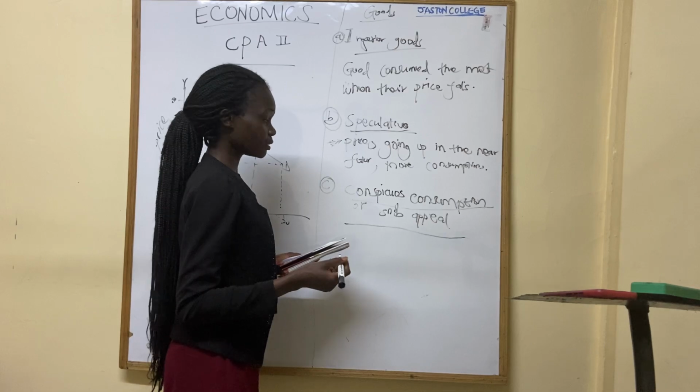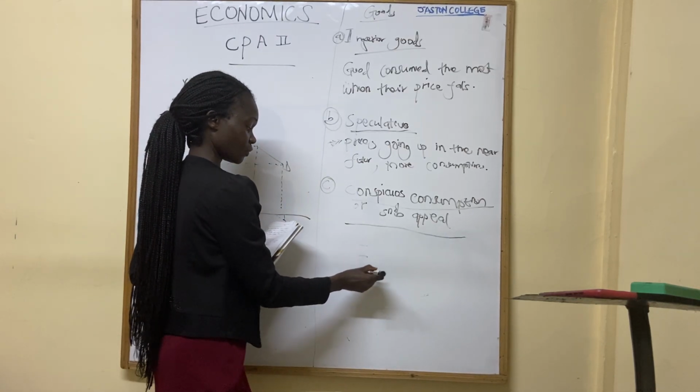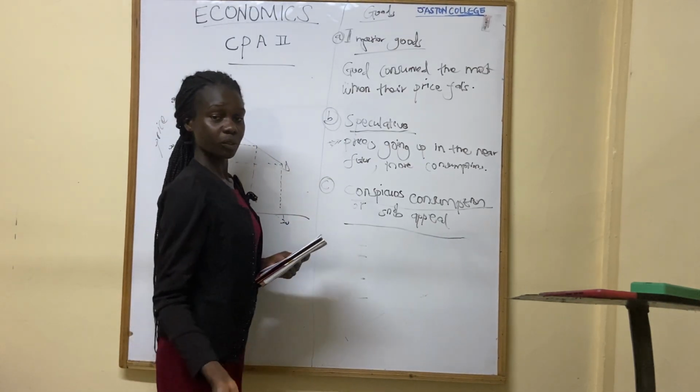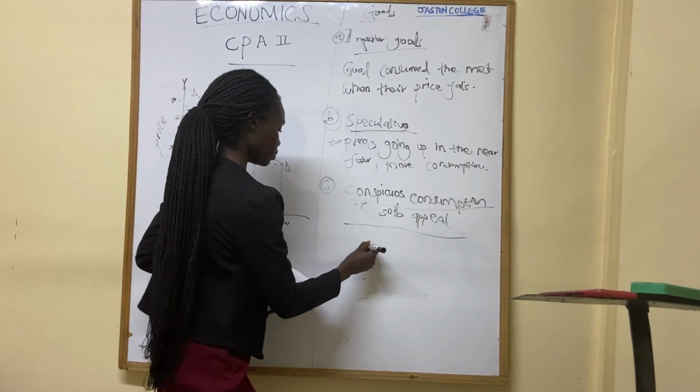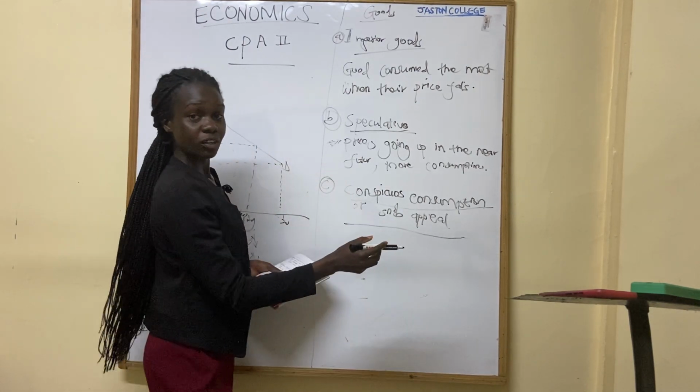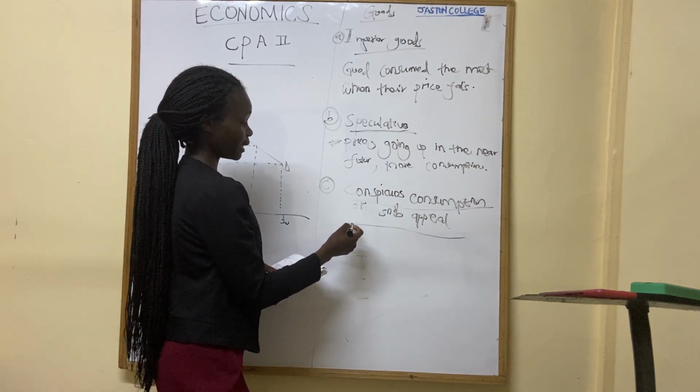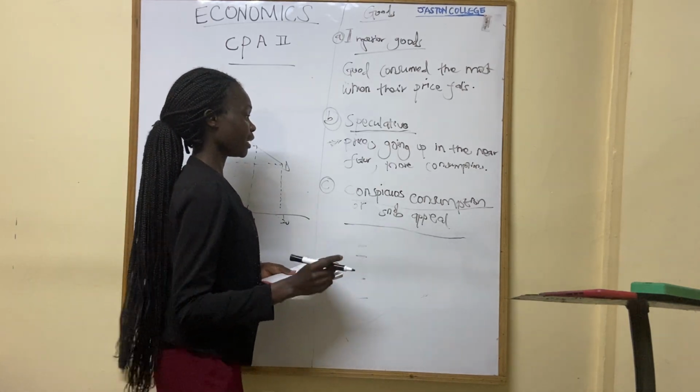This includes jewelry, phones, fashion. So these goods are likely consumed by clients when their prices are very high.